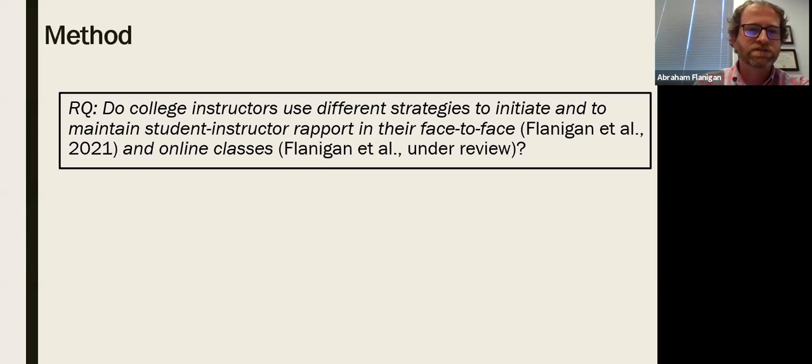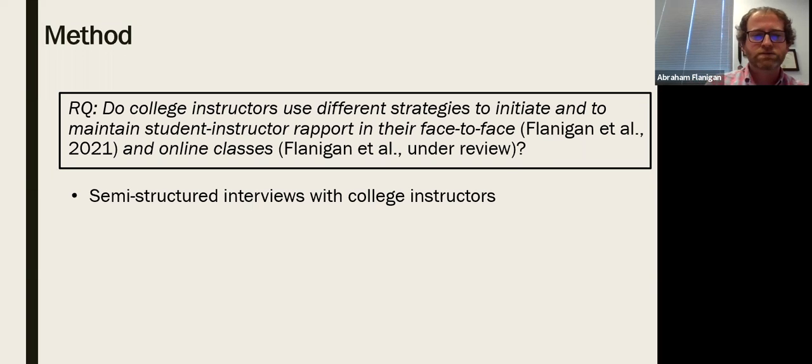So the method for both of these studies was pretty similar. The research question for both was largely, do college instructors use different strategies to initiate and to maintain student-instructor rapport in face-to-face classes or in online classes? So these were 2 different studies that looked at whether initiation and maintenance of rapport strategies were different, either in face-to-face or online classes.